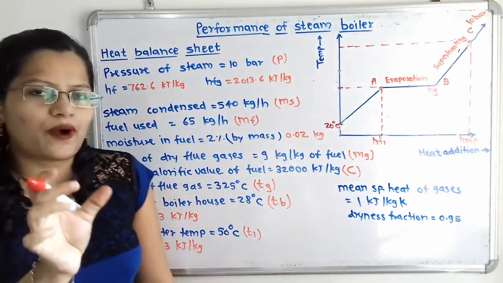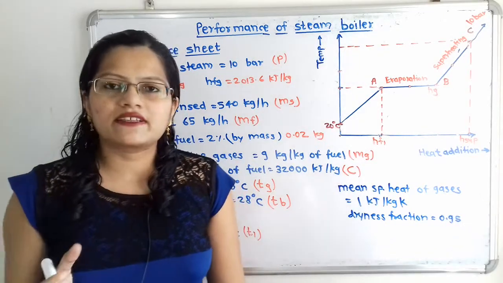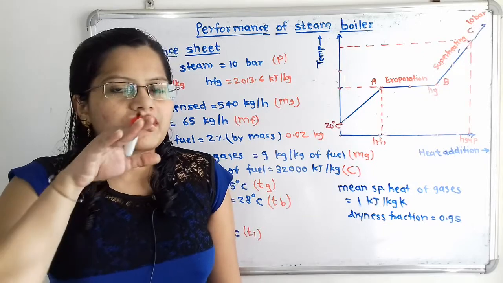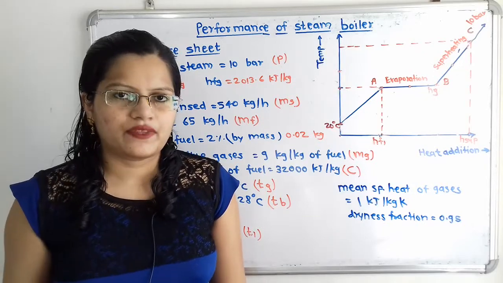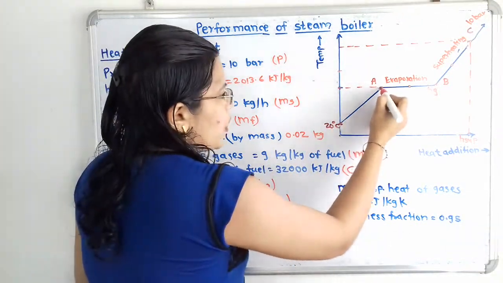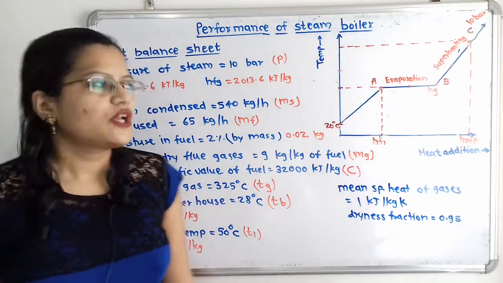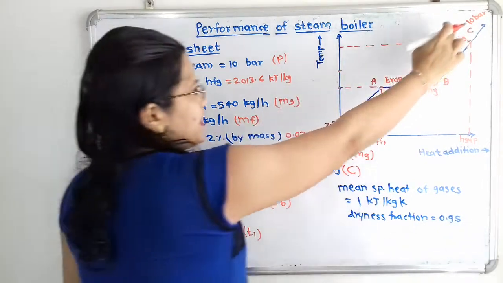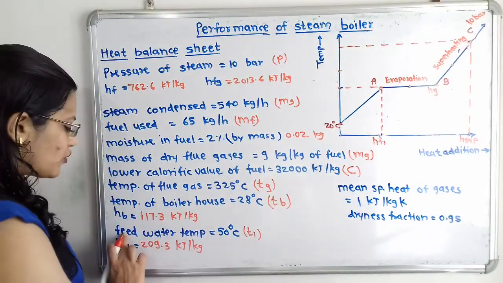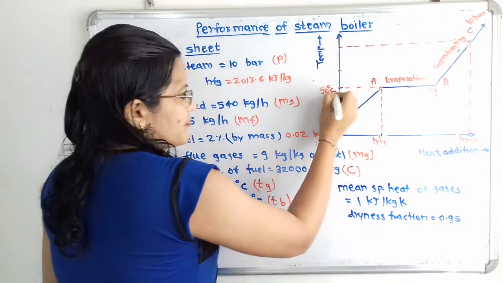At this point, the saturated water stage, when we continue to add heat, the water gets converted into steam. The temperature will remain the same, and this temperature is known as the boiling point of the water at a given pressure. Here the pressure is maintained at 10 bar, and at 10 bar the boiling water temperature, or feed water temperature, is 50 degrees Celsius. That is given.